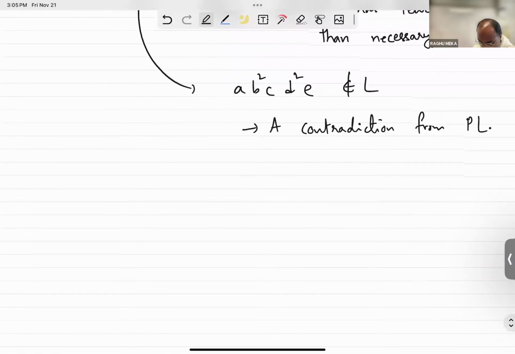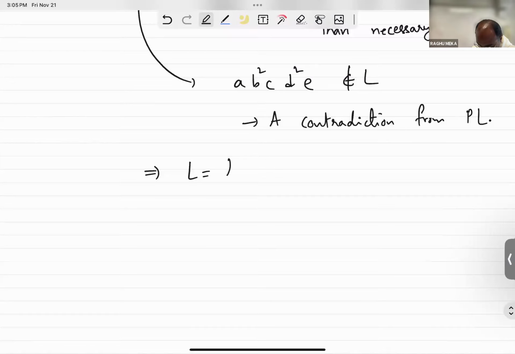Okay? So this implies that overall our language 0 to the n, 1 to the n, 2 to the n is not context free.